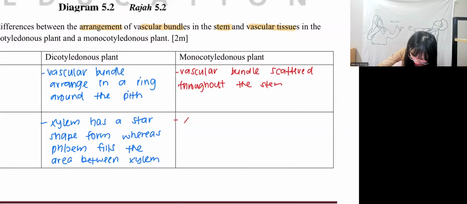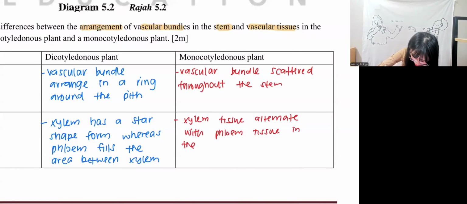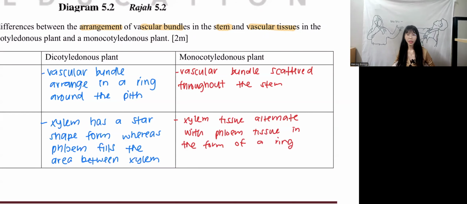And then for monocot, xylem tissue alternate with phloem tissue in the form of a ring. Then raise your hand. We will try the next question. Wait for ten of you.